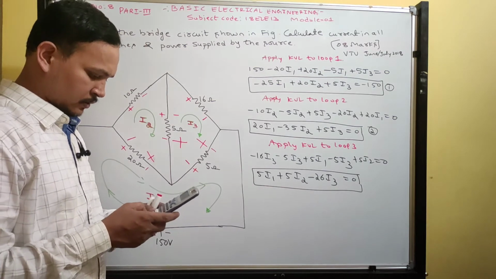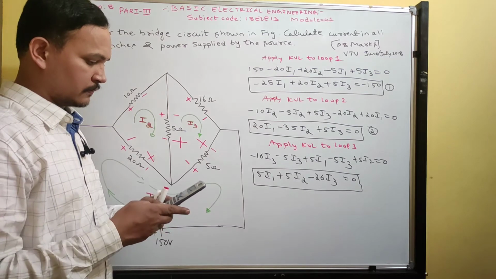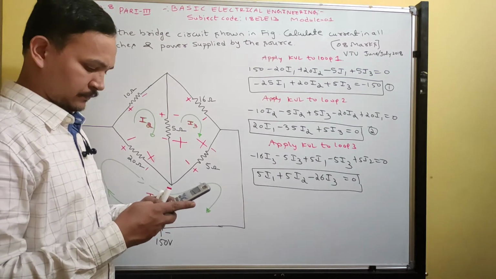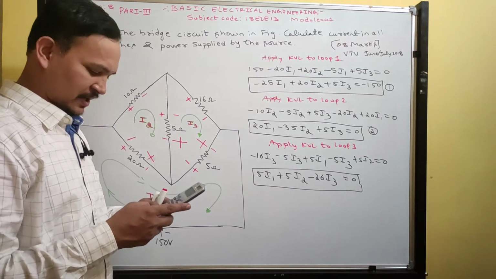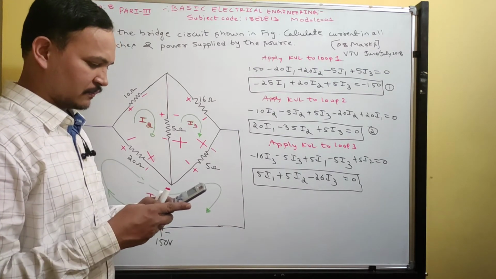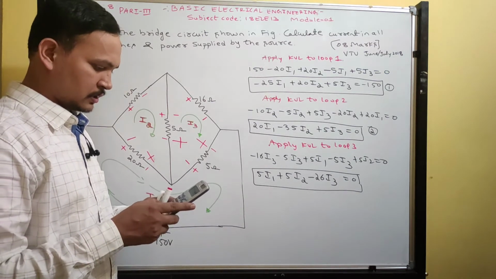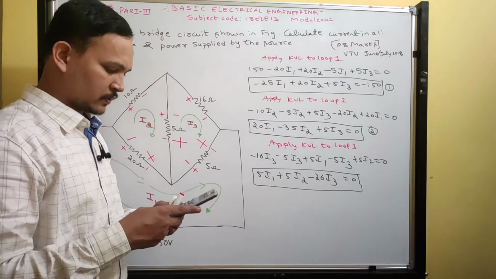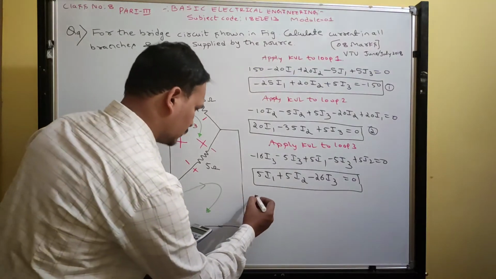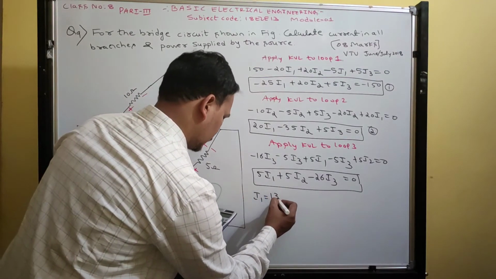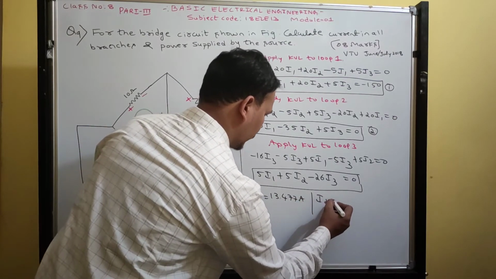Minus 25, 25, minus 150. Okay, 20, minus 35. We should do it slowly. Minus 35, plus 5, 0. 5, again 5, minus 26 and 0. So I entered all the coefficients. Finally I got the values. I1 is 13.477 amperes.